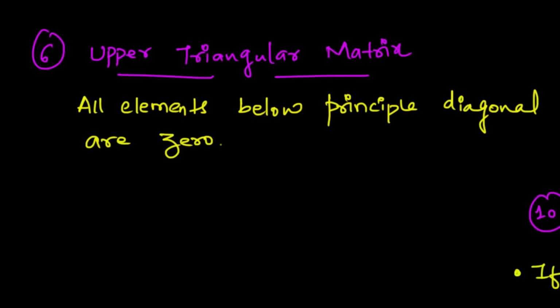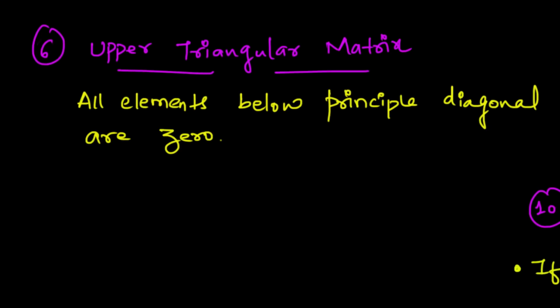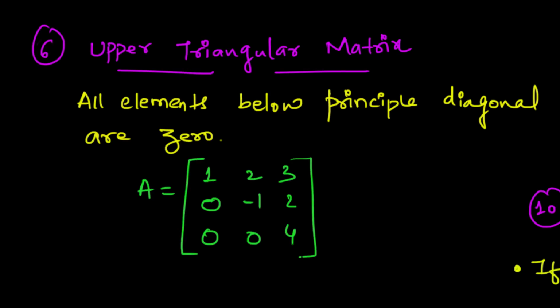Let's talk about upper triangular matrix. In an upper triangular matrix, all the elements below the principal diagonal are 0. So let's see, A equals 1 2 3, 0 minus 1 2, 0 0 4. See, all the elements below the principal diagonal are 0.